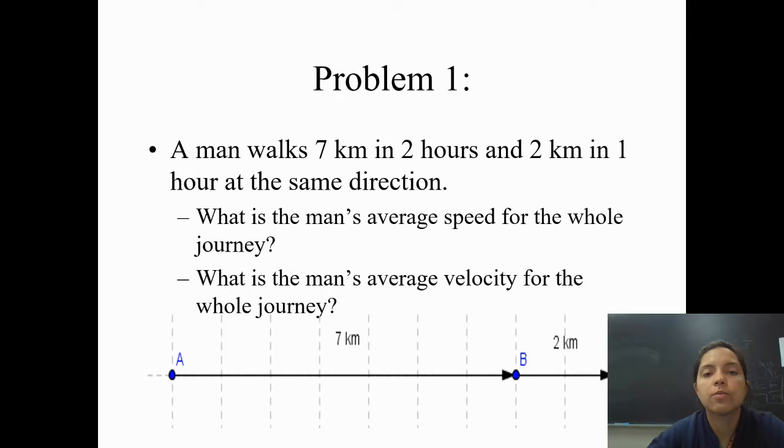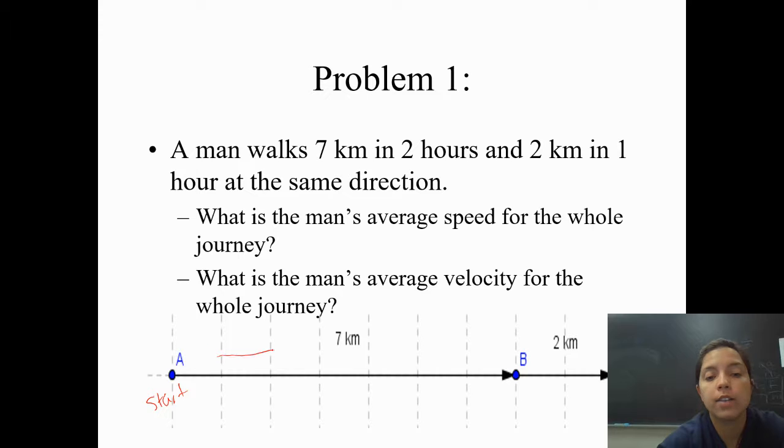Now again, you're going to work this practice problem that's in your notes. Problem 1 says a man walks 7 kilometers in 2 hours and 2 kilometers in 1 hour. And he's just going in the same direction, right? So he started here at A. This is the start.